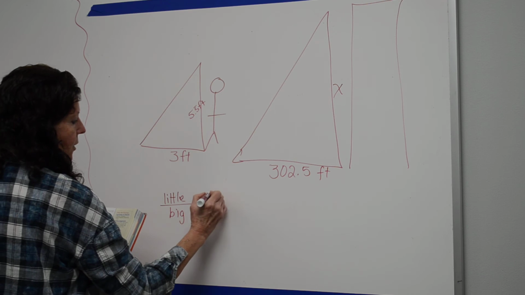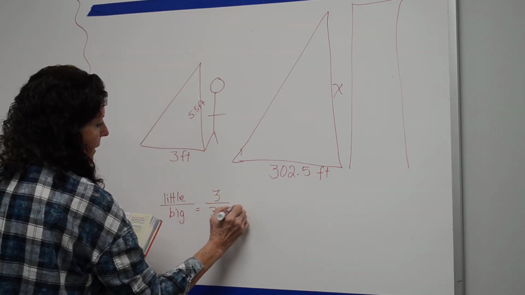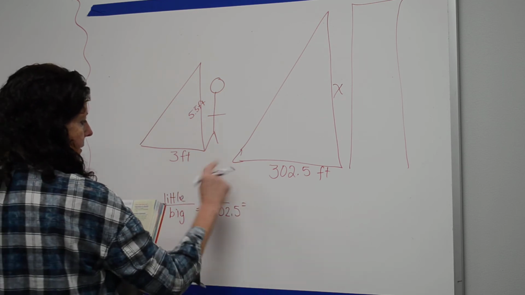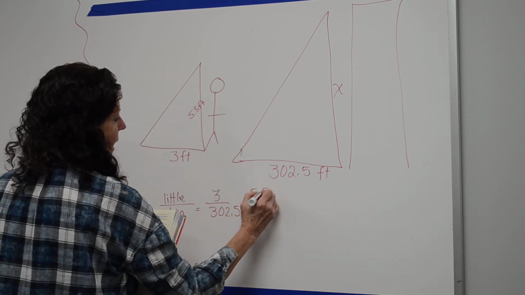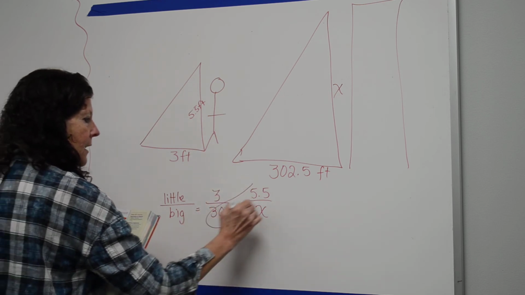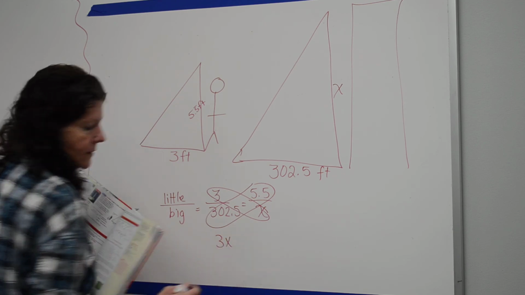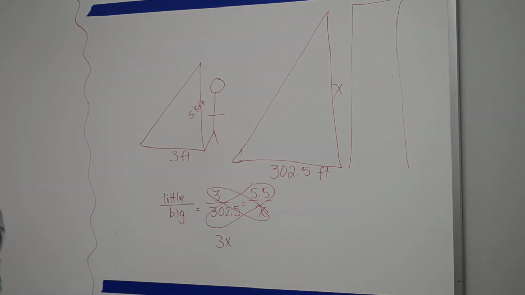So I've got 3 is to 302.5 as 5.5 is to X. Obviously on this you're going to cross product. So I'm going to get 3X, and I'm going to use my calculator for the sake of time.